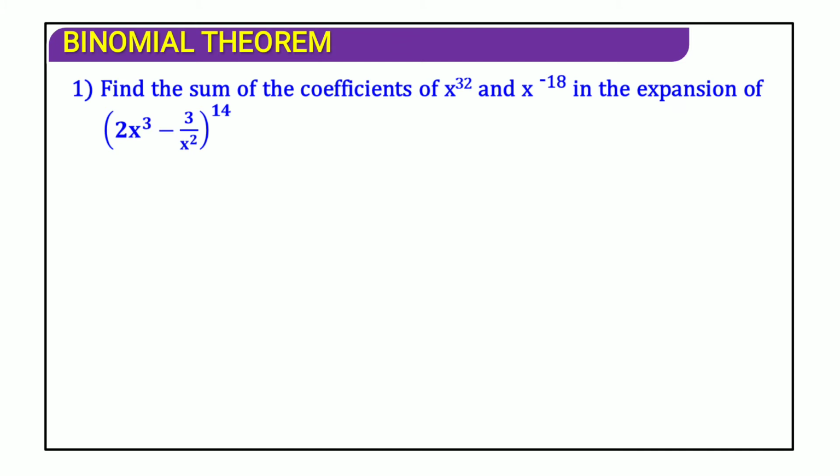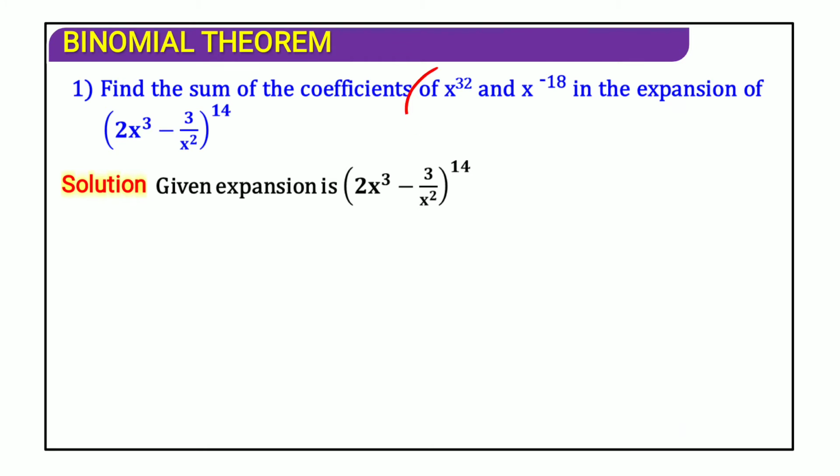We need to find the coefficient of x to the power 32 and the coefficient of x to the power minus 18, and after finding both these coefficients, we need to add them.